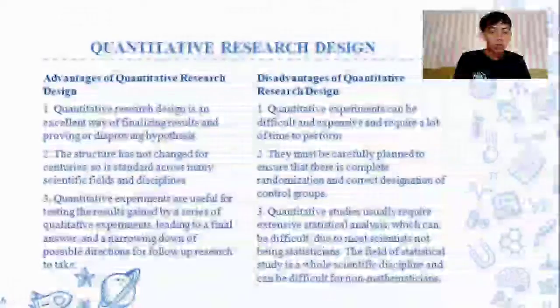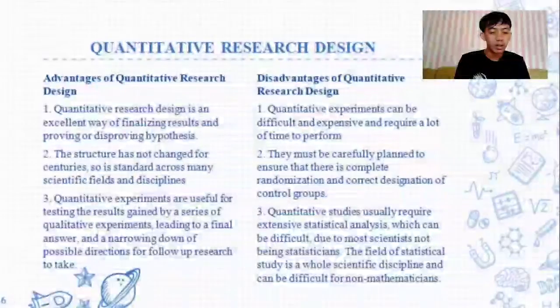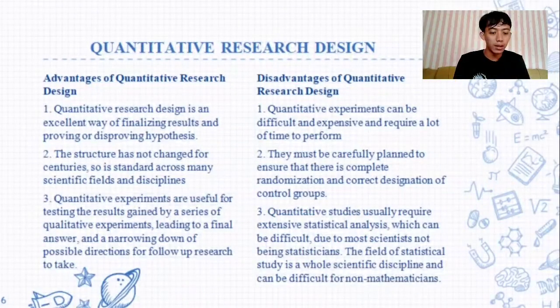The last, quantitative studies usually require extensive statistical analysis, which can be difficult due to most scientists not being statisticians. The field of statistical study is a wide scientific discipline and can be difficult for non-mathematicians.